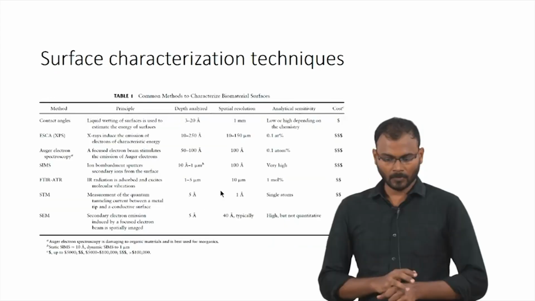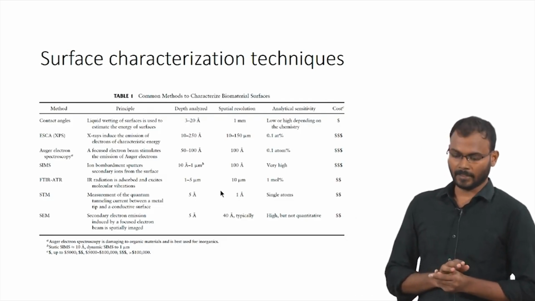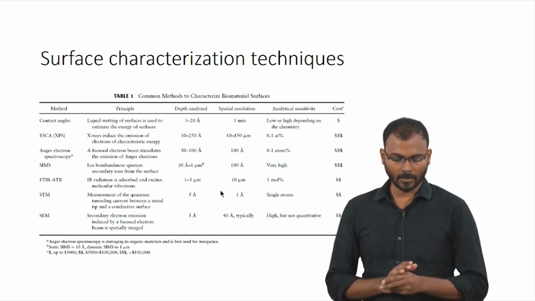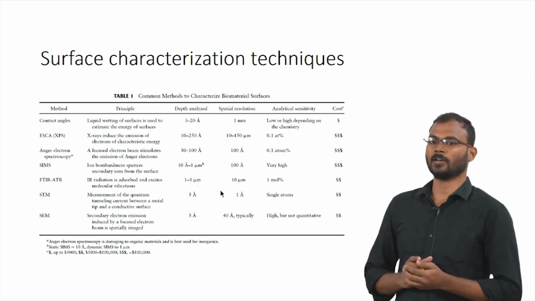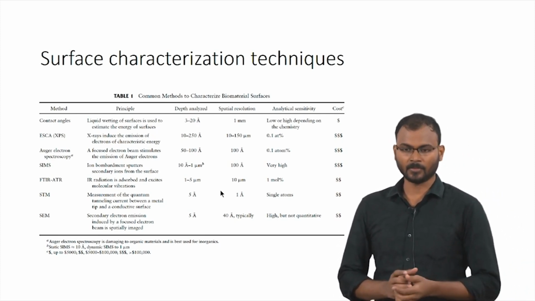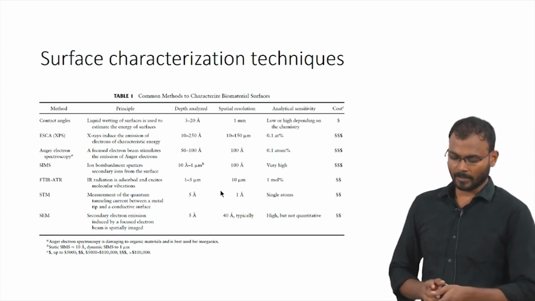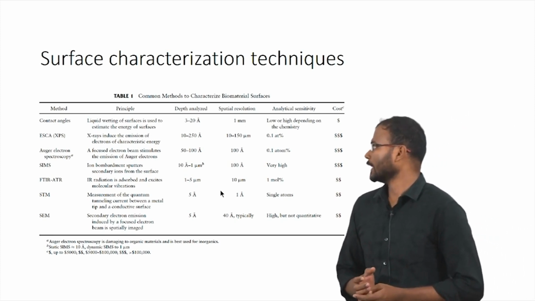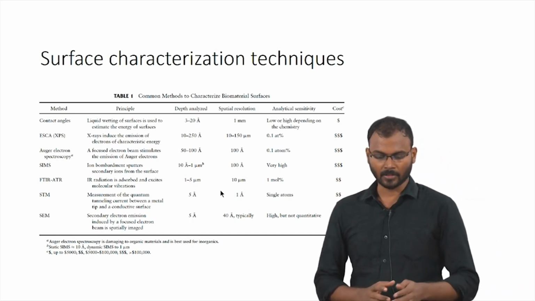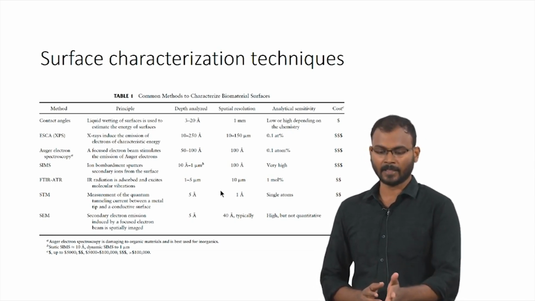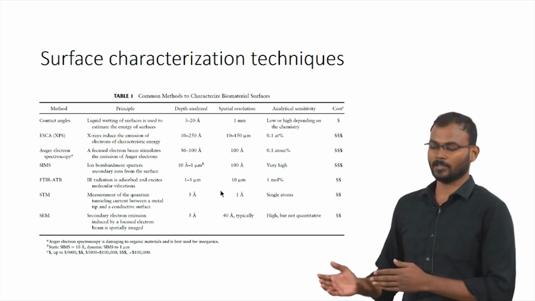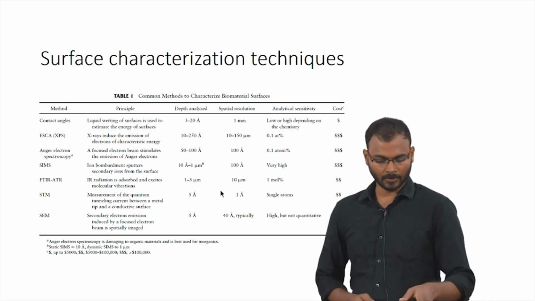So, coming to surface characterization techniques, as I told you earlier: contact angle analysis, XPS, Auger electron spectroscopy, which involves the Auger electrons, then secondary ion mass spectroscopy, known as SIMS, then FTIR, STM, which is scanning tunneling microscopy, then scanning electron microscopy. Each technique has a different resolution of how many properties you can identify, and a different cost.